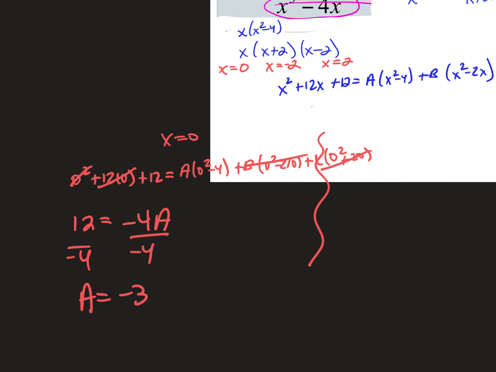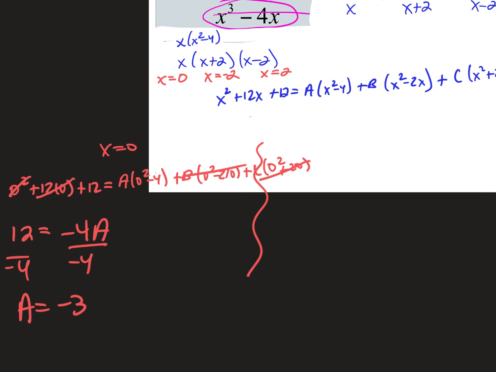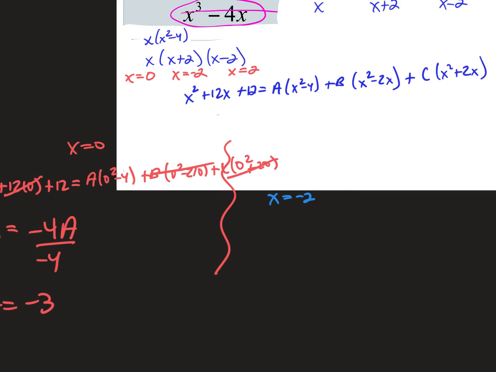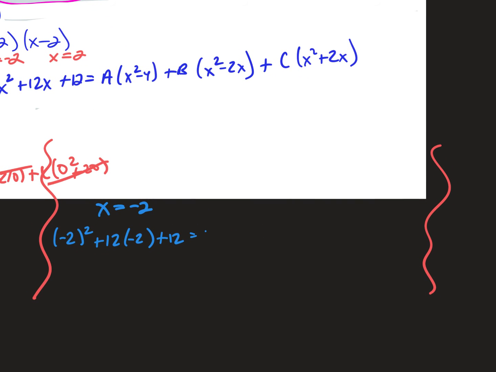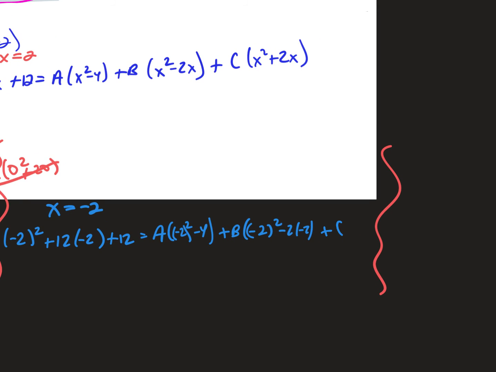So now I'm going to evaluate this, but I'm going to use x equals negative 2. So it's negative 2 squared plus 12 times negative 2 plus 12, right? Equals A times negative 2 squared minus 4 plus B times negative 2 squared minus 2 times negative 2 plus C times negative 2 squared plus 2 times negative 2.